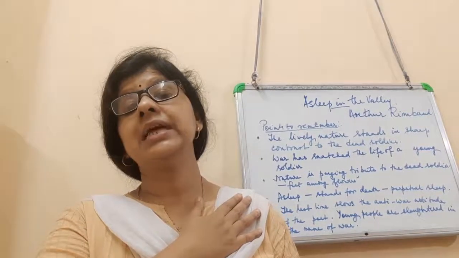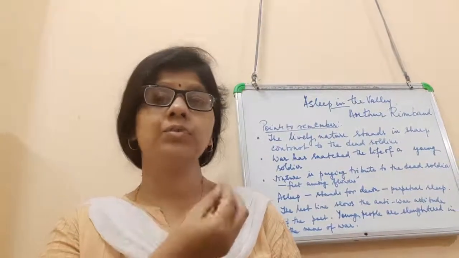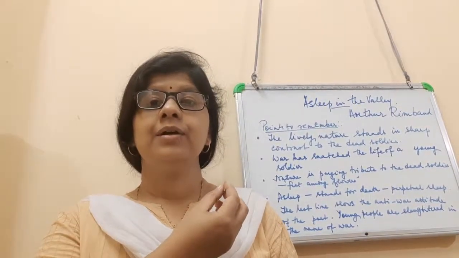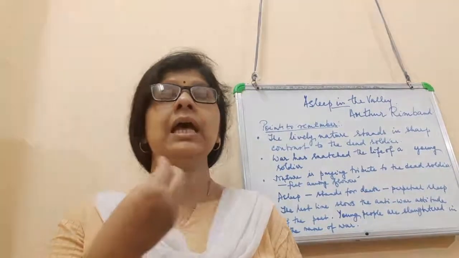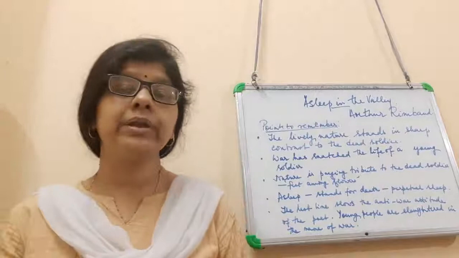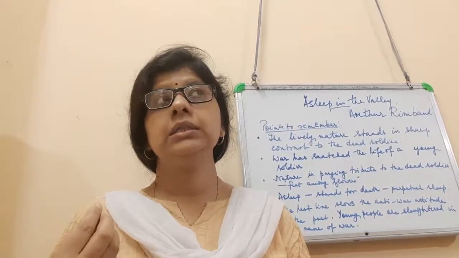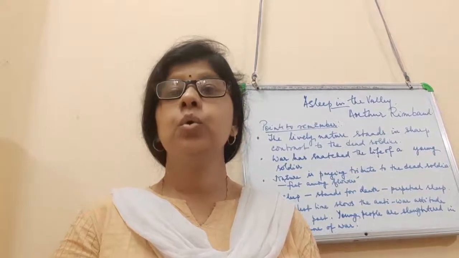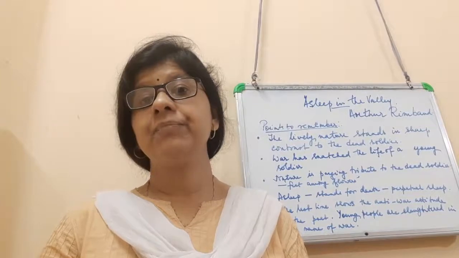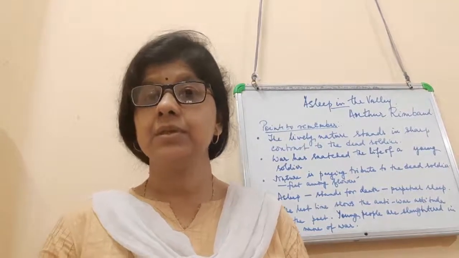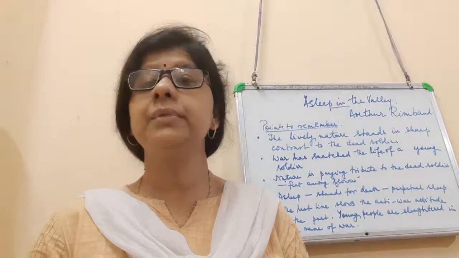Another thing we find is the feet of the soldier among the flowers. Another thing pointed out is that these soldiers who sacrifice everything, even their lives, for their motherland, do not even get a proper burial.